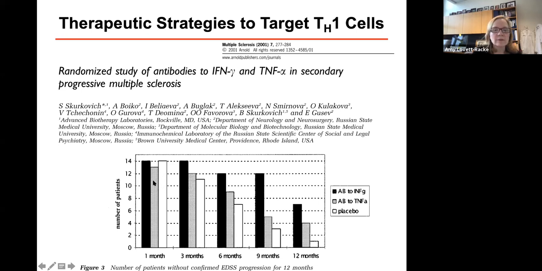And the gray is an antibody for TNF alpha, another inflammatory cytokine that was thought to be important in potentially mediating pathology in MS. And what you can see is the patients who received the interferon gamma antibody actually did best in this clinical trial. But because of the data in the EAE, there was a lot of hesitancy to move forward with interferon gamma blocking strategies in MS.